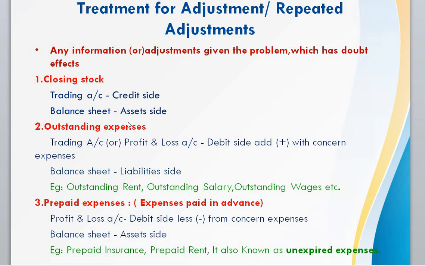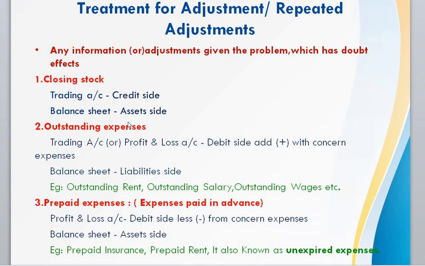It is also known as unexpired expenses. So it has two effects. One will appear in profit and loss account debit side. It will be shown by deducting from the concerned expenses, and the other treatment is in balance sheet asset side.